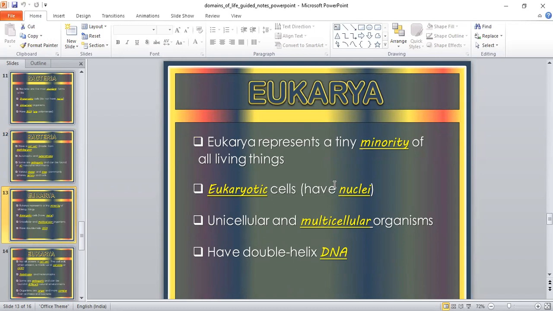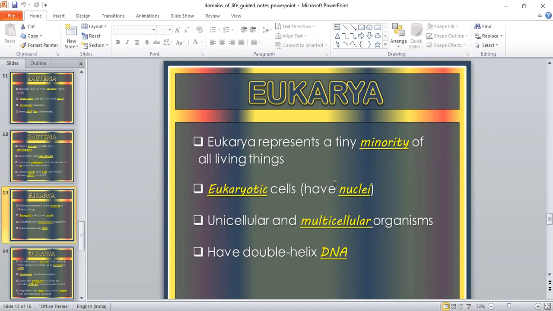The next domain is the domain eukarya. We know that eukarya are the largest group of organisms, and their cellular life form is very well developed compared to other groups of microorganisms.